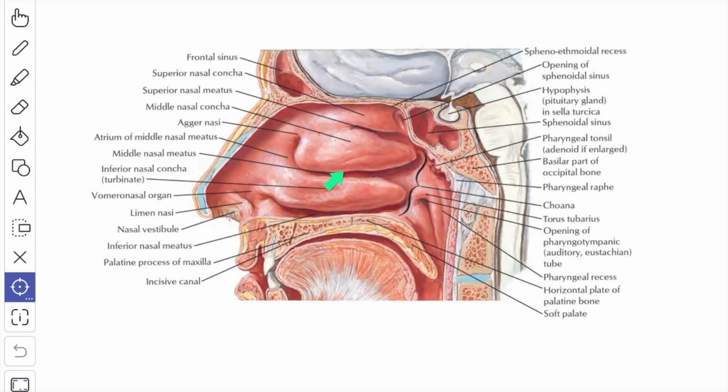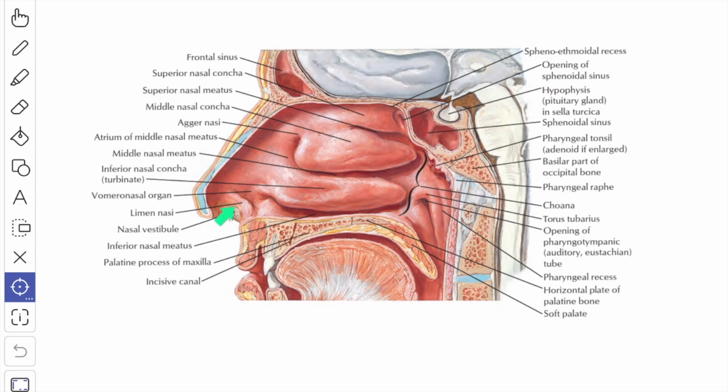Anteriorly, the middle meatus becomes continuous with the atrium of the nasal cavity, which is limited above by a mucous ridge known as the agger nasi, which slopes downwards and forward. Here you can see this is the vestibule and this is the atrium.